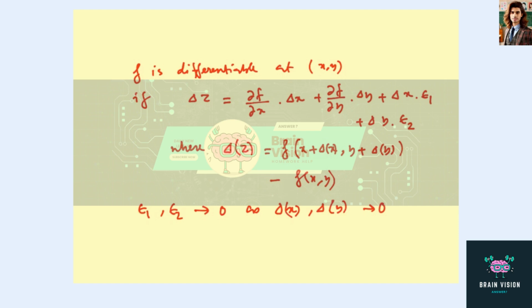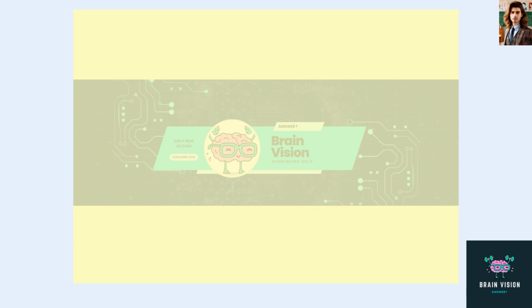Okay, so we are going to use this definition to verify the differentiability of the function. So let's write down the function. f(x, y) is equal to xy minus 5y squared. So then what is my delta z?